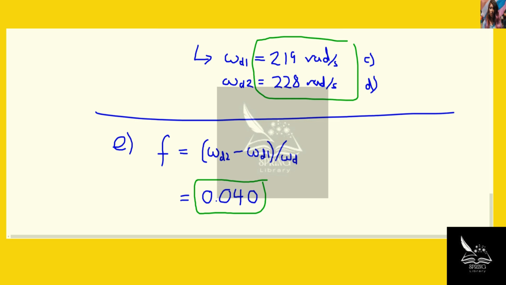This is basically the proportion of the original resonant frequency that spans the halfway point there. We don't need this for the problem any further, but you may come across it later on in other AC circuits. And this concludes the solution.